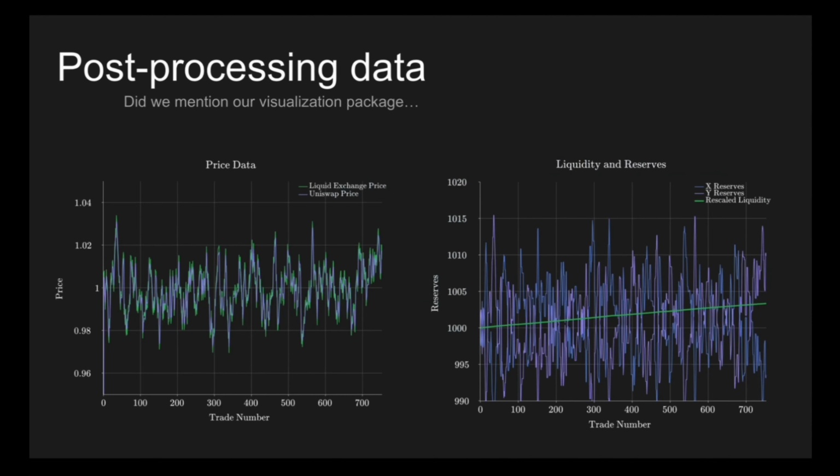Given this output, we want to be able to visualize it at least, right? Make sure what we're doing is making sense. Does our arbitrageur even arbitrage properly, right? That would be a concern. If we look at this over on the left, this is recorded data from this exact simulation. What's happening on the left is the liquid exchange is changing price, and the Uniswap pool is also changing price because the arbitrageur is swapping against both in order to make a little bit of profit here and there, and to also equilibrate the two exchanges back to the same price.